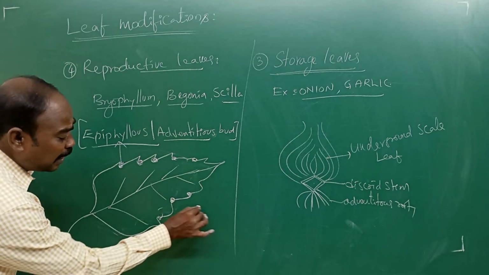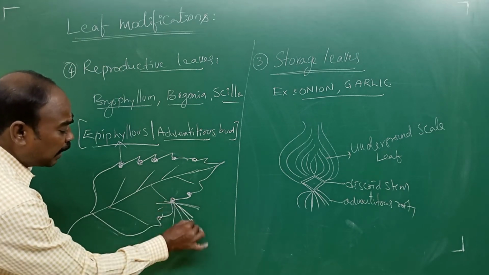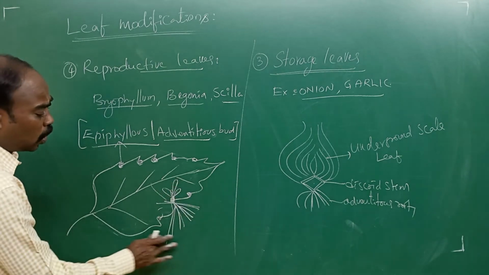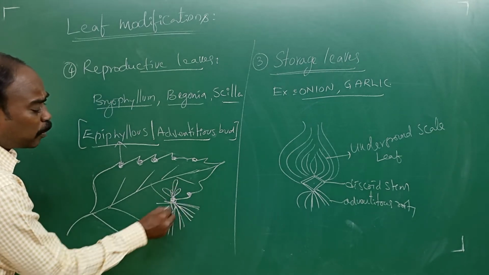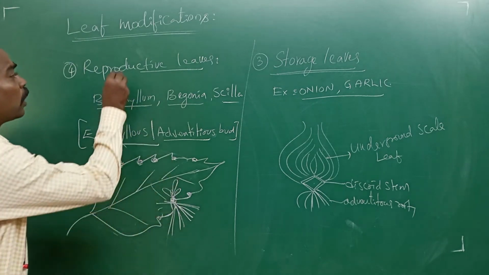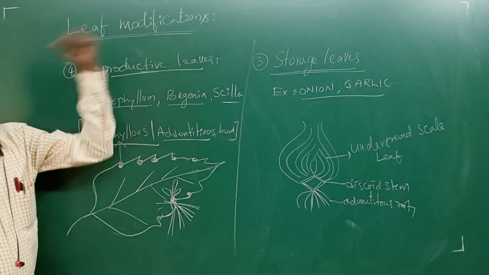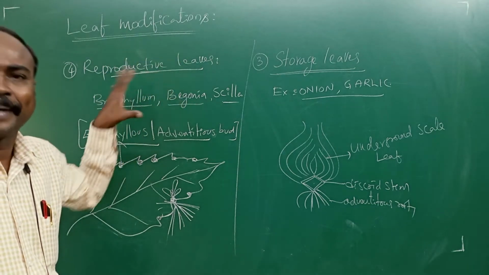Whenever these buds come in contact with soil, they can produce roots as well as leaves. So the adventitious buds participate in vegetative reproduction. These leaves are said to be reproductive leaves, vegetatively propagated leaves.